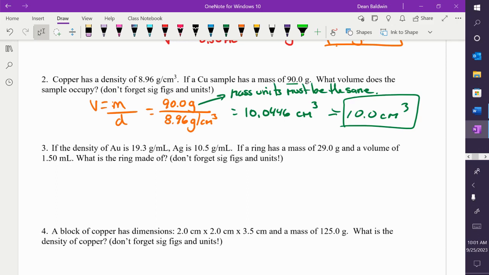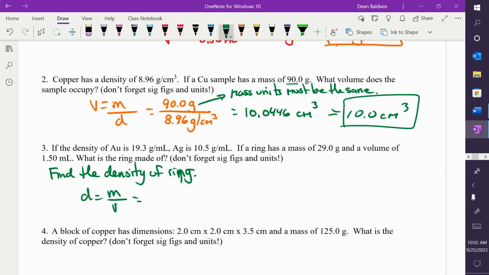What do we do? Just tell me in words what you want to do. Yeah, if you figure out the density of the ring, then you can determine if it's going to be gold or silver. So, find the density of the ring. Okay, so density is mass over volume.